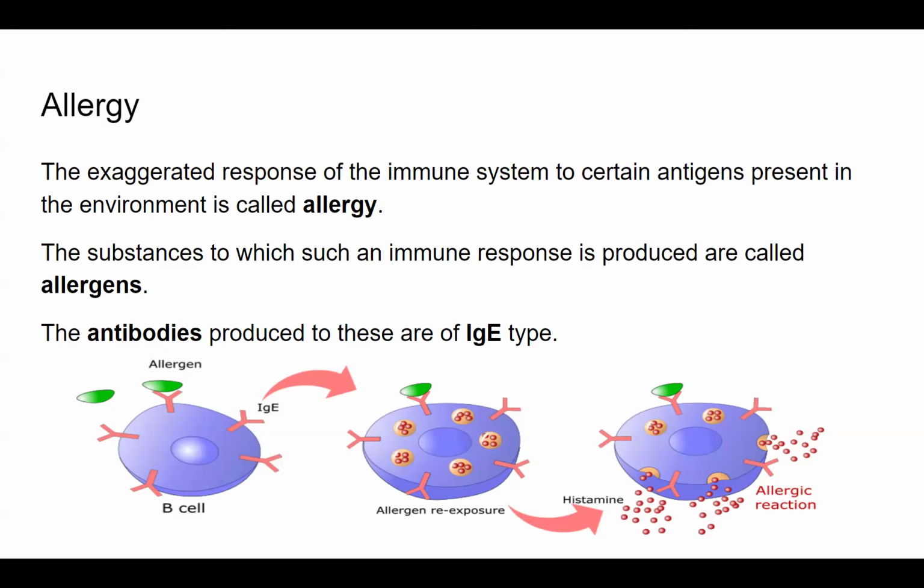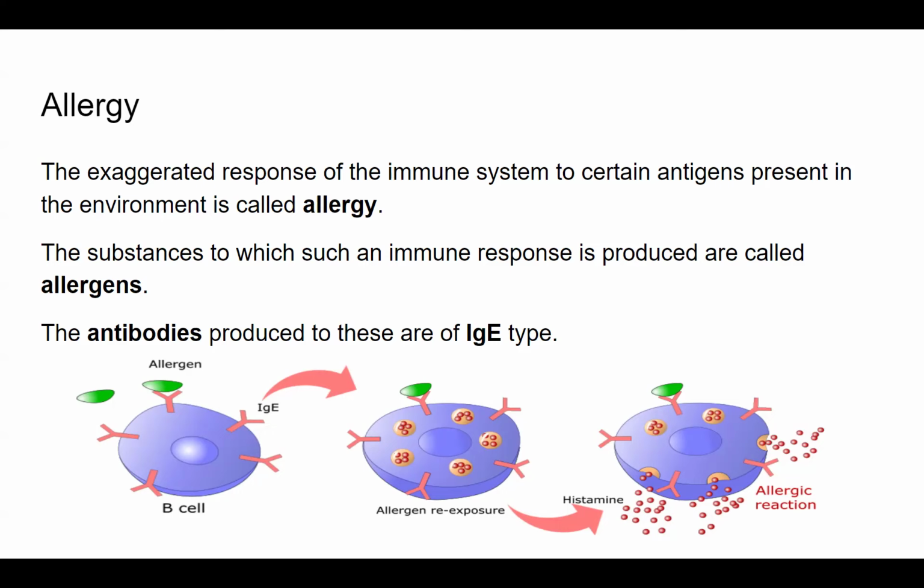The substances causing this kind of immune response are known as allergens. That means the causative agent is an allergen, and the response that occurs is allergy. Say I am dusting, I have just inhaled dust and I start sneezing. So the dust becomes my allergen, and the sneezing that has occurred is the response. So this is the allergy that has occurred.